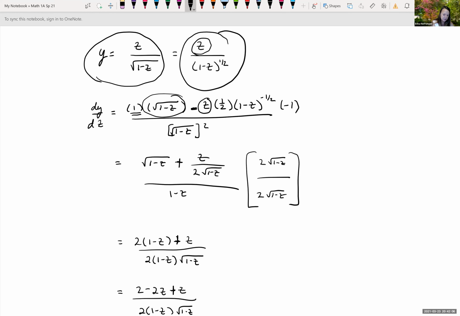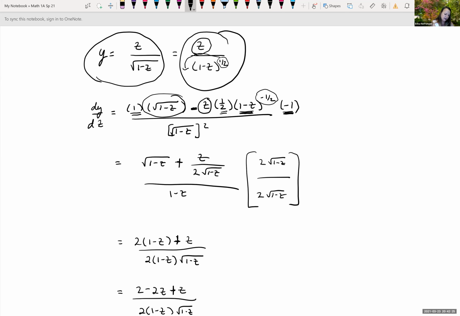So we're going to have to use the general power rule and chain rule. So we bring our power down front, 1/2, of the inside, minus 1 from our exponent gives us negative 1/2. But don't forget to take the derivative of the inside, and the derivative of 1 minus z is negative 1.